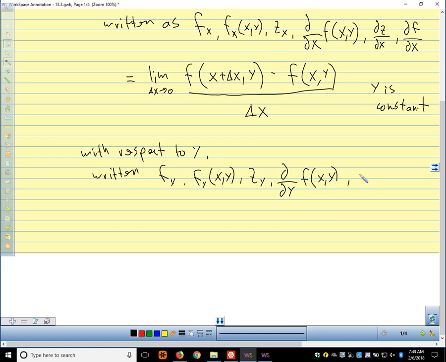A partial of z with respect to y, partial of f with respect to y. All of these are equivalent notations, and that is going to be the limit as delta y approaches 0 of f of x, y plus delta y minus f of x, y, divided by delta y.